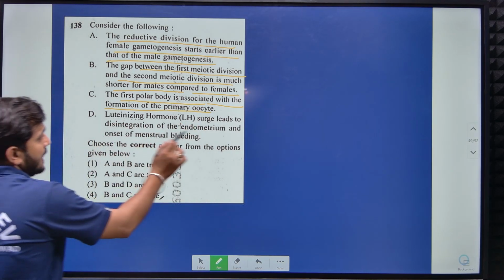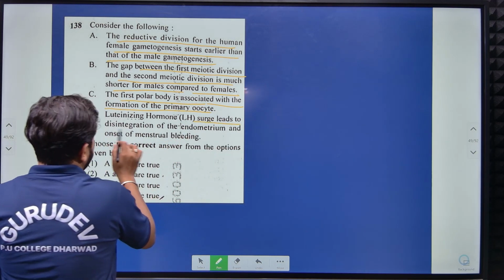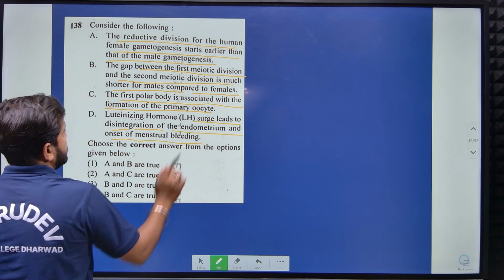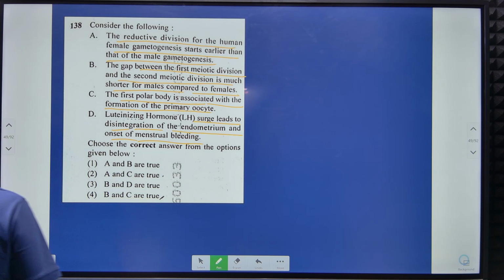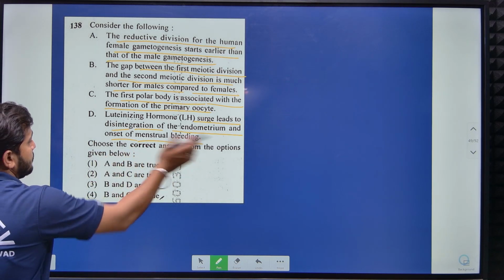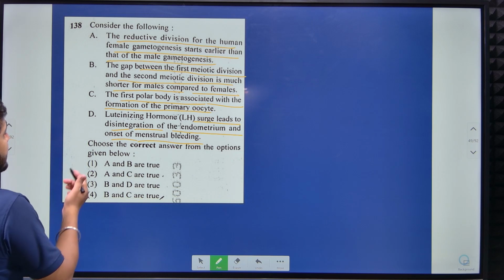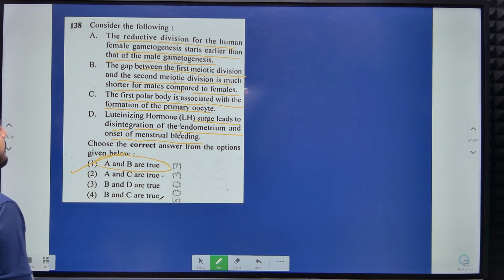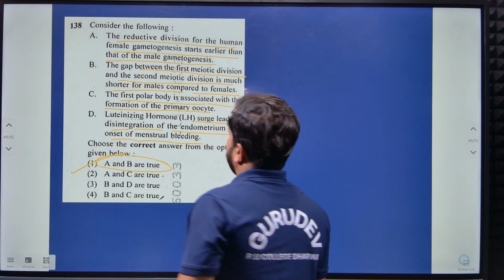Then the luteinizing hormone surge leads to disintegration of the endometrium, onset of menstrual bleeding. So choose the correct answer from the options given below. The correct answer is option 1, that is A and B are true, right? But C and D are actually false.